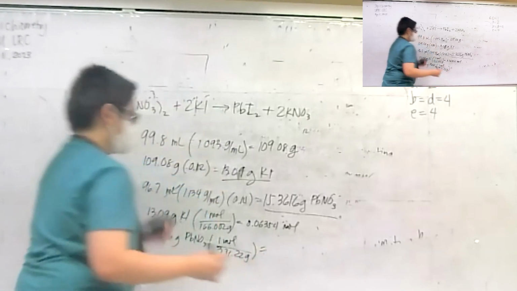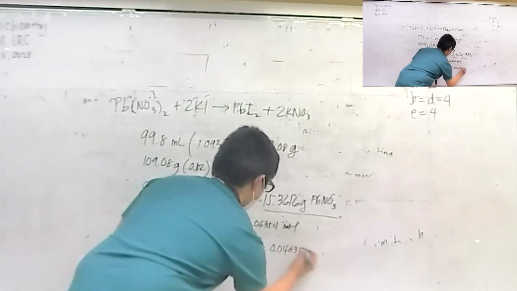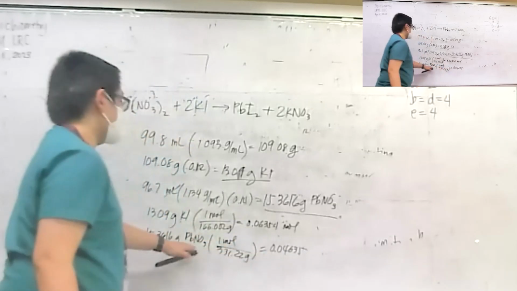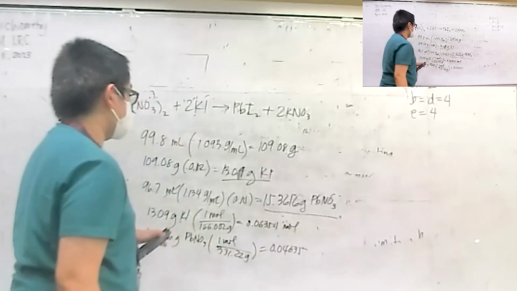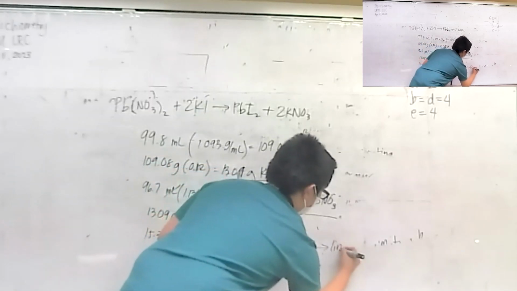That gives you around 0.04635. So as you can see, significantly lesser itong PbNO3. So we can safely say na si PbNO3 is the limiting reactant.